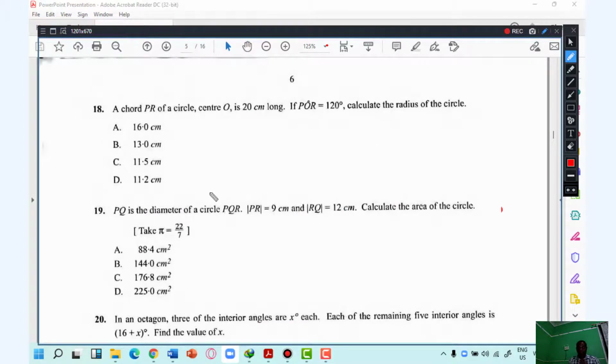Okay, question 18, saying that a chord PR, so let's draw a circle. So the chord will be PR. Then that chord is 20 centimeters long.